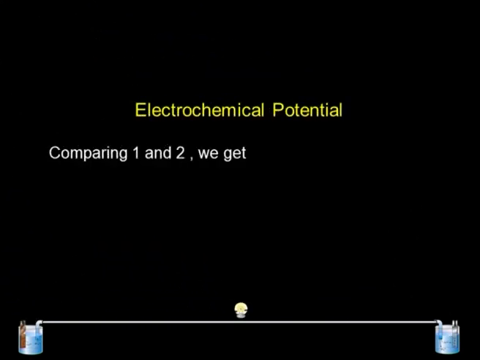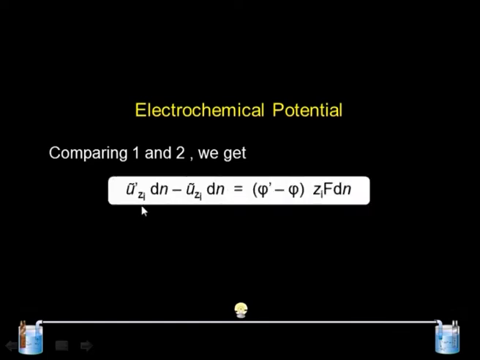Now, if we compare equations 1 and 2, we get the relation mu bar zi dn minus mu zi dn is equal to psi dash minus psi multiplied by Zi F dn.